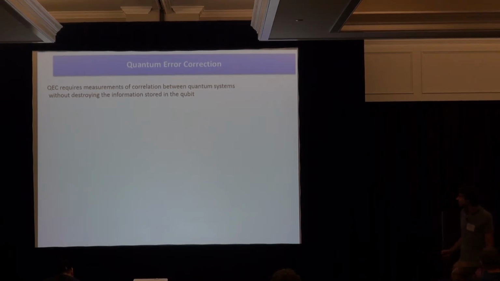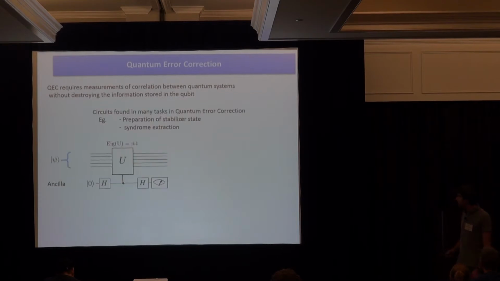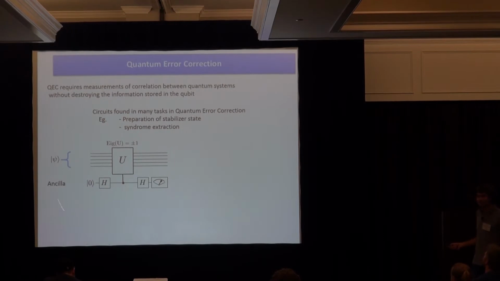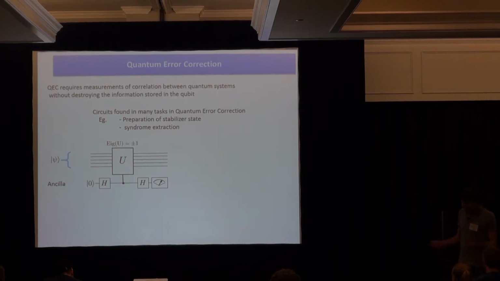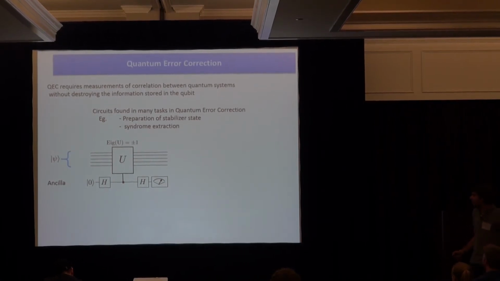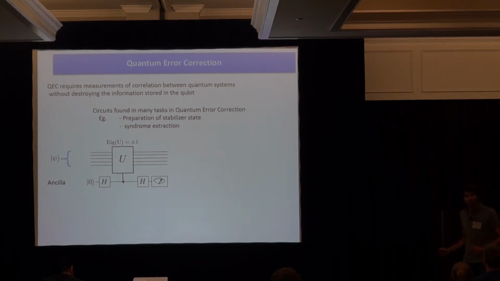The kind of circuit I'm looking at for my experiment is something that looks like this. It's a very simple stabilizer measurement, right? So let me bring you back to kindergarten in quantum error correction. But I'm an experimentalist, so I have to deal with classical bug correction more than quantum error correction, at the moment.